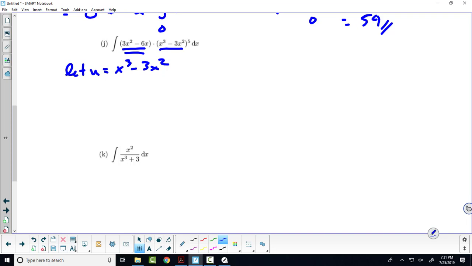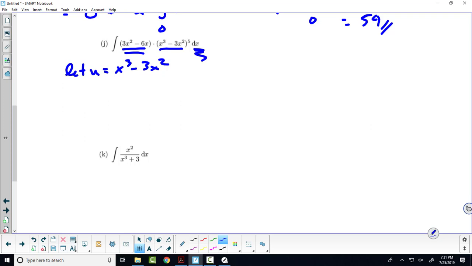So I cannot just put a u here and call it good, because how am I taking the antiderivative? With respect to what variable? With respect to x. So when I do my substitution, I also have to adjust the variable that I'm taking the derivative with respect to, and that's the tricky part of the substitution. And it will be for any other substitutions that you do later on.